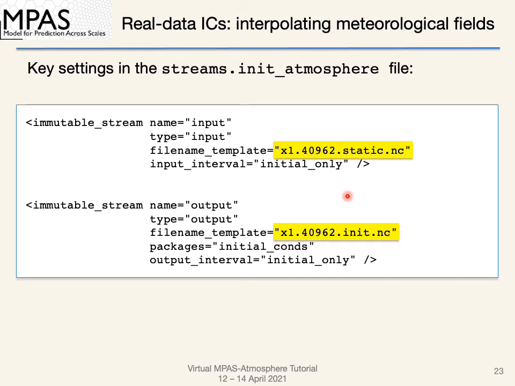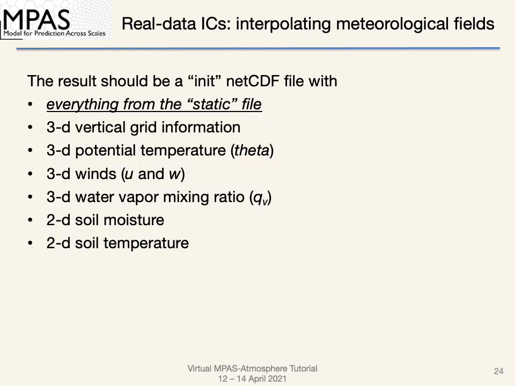Again, our convention is usually that the same prefix is used, so that if we have multiple initial conditions in our working directory, we can distinguish them. But you could, in principle, choose any name you want here. So you could call this init 2014-09-10.init.nc if you wanted. The choice is completely up to you.